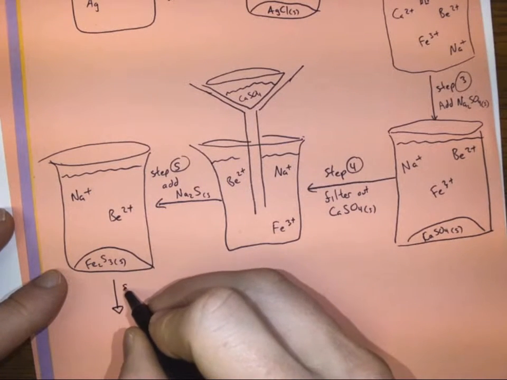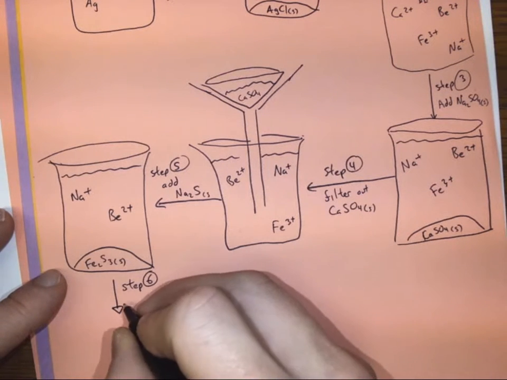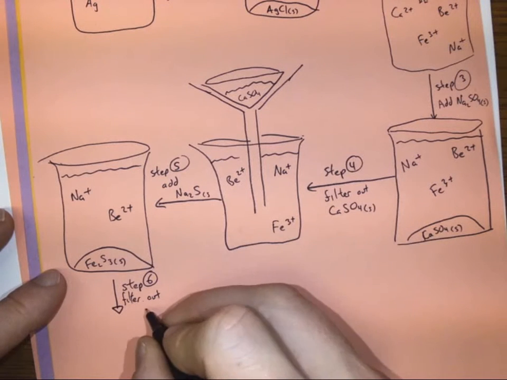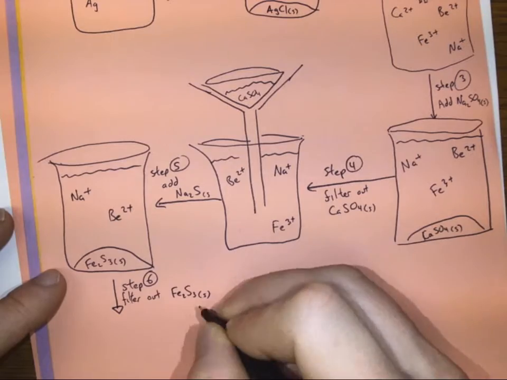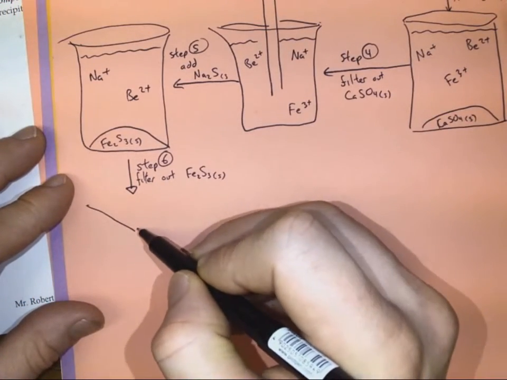So then we're going to go on to step 6, which is to filter out the iron sulfide. Okay. So we're going to have a filter.